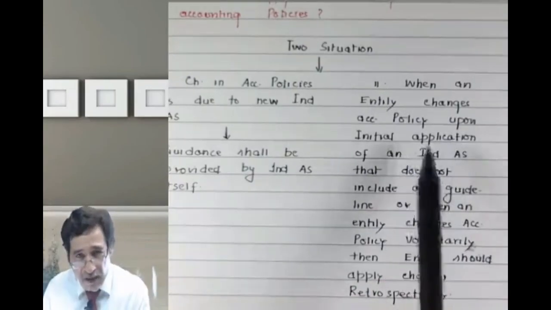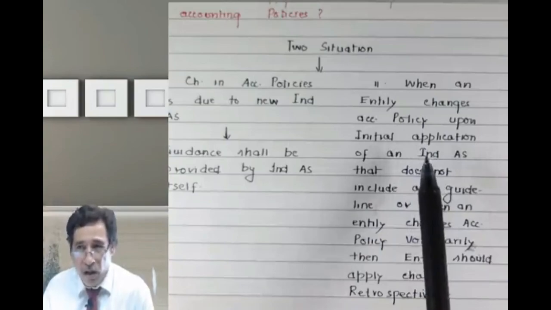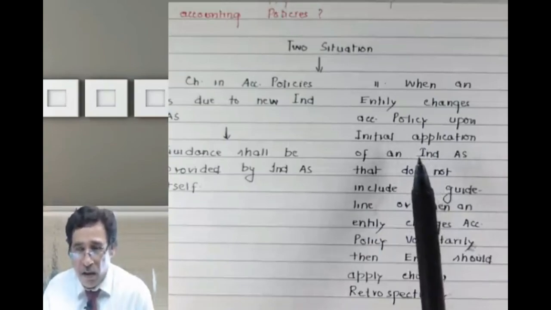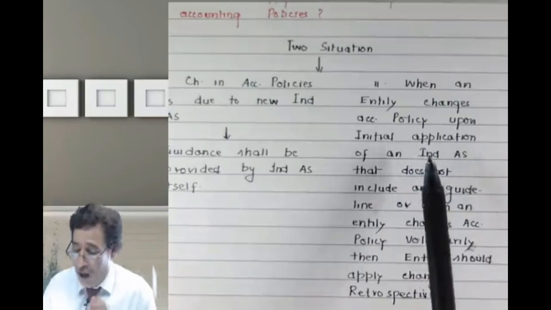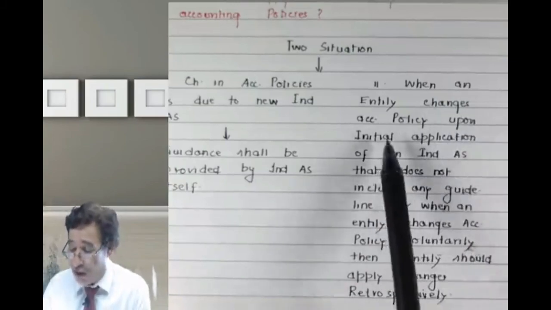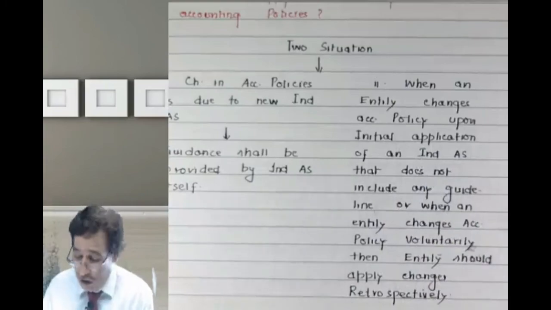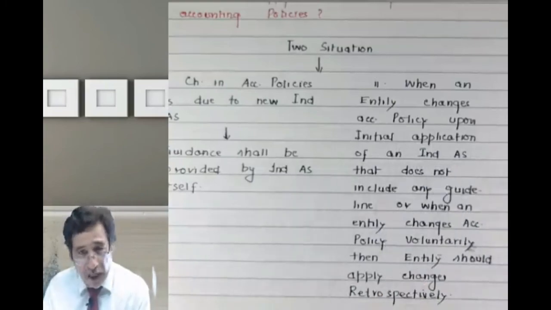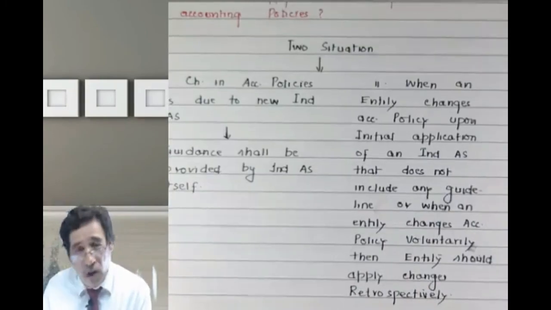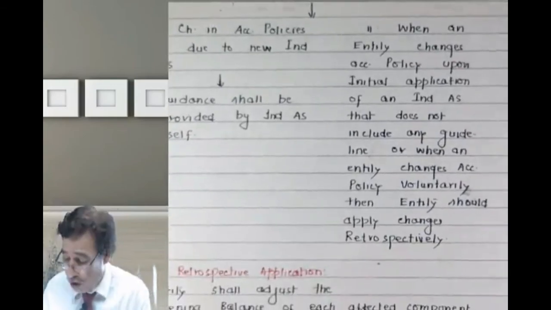So under the second circumstance, an entity is going to apply Ind AS for the first time, and at the same time an entity sometimes can change the accounting policy voluntarily. Correct? So under such circumstances, how to apply the change?